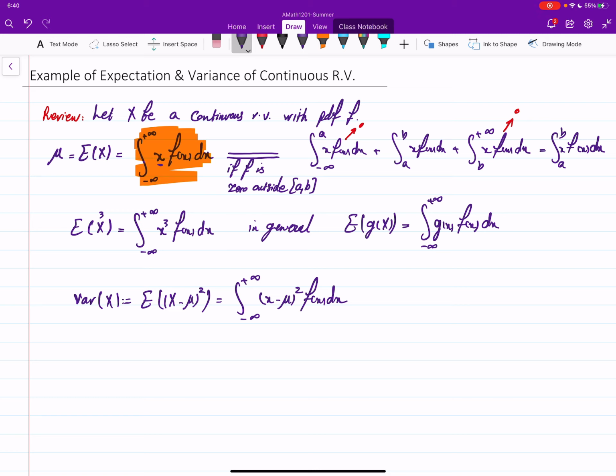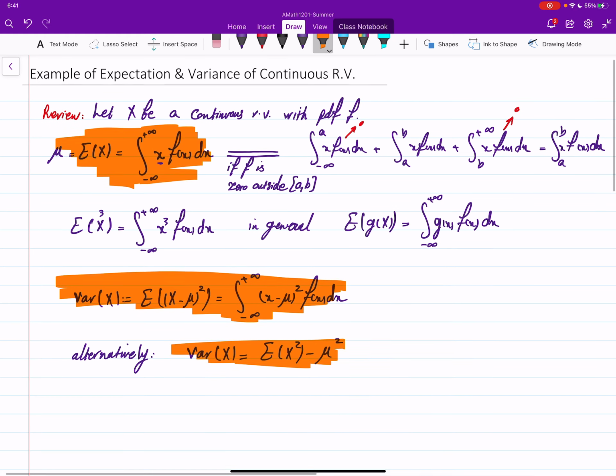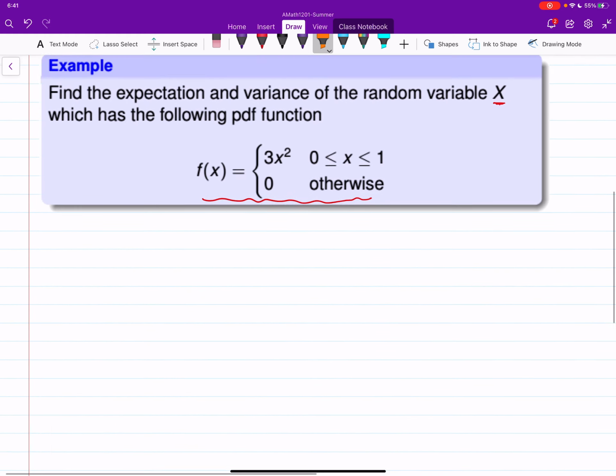And similar to what we had before, alternatively, variance can be calculated by this formula: e of x squared minus mu squared. Okay, again, three formulas: e of x, variance of x, and then the variance of x can be calculated this way as well. Let's do the example now.